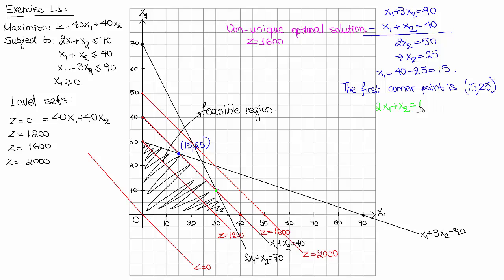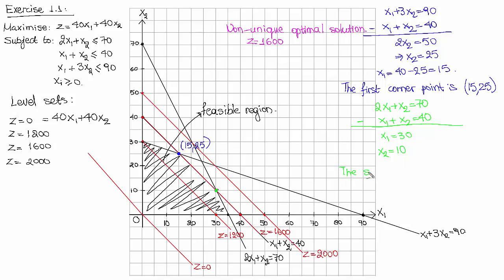Now for the second point, we can see that it is at the intersection of the lines 2x1 plus x2 equals 70 and the line x1 plus x2 equals 40. So we're going to do the same with these two lines in order to find the coordinates of the second point. We have x1 is equal to 30, and if we put that back into the second equation, we get that x2 is equal to 10.